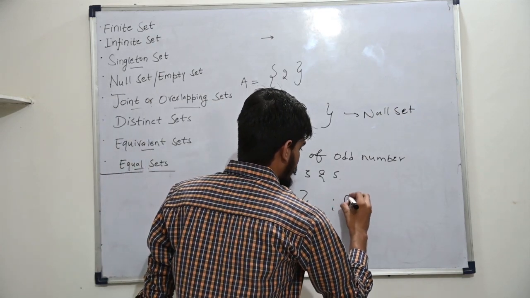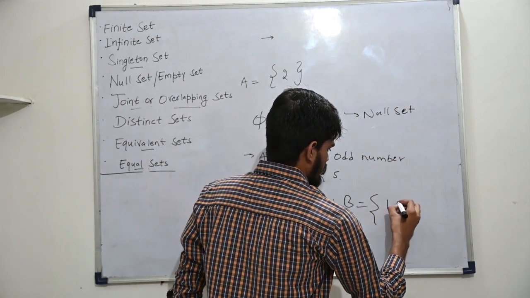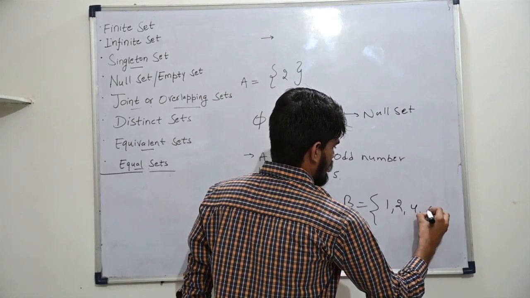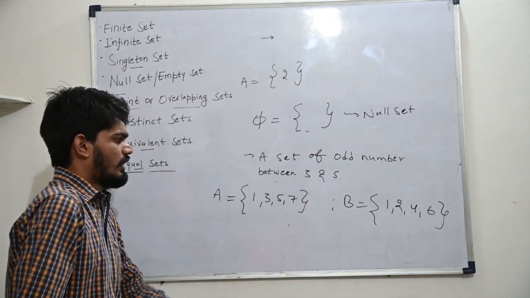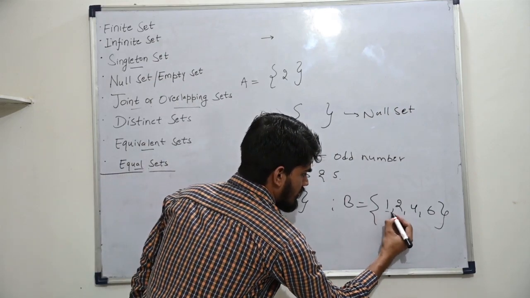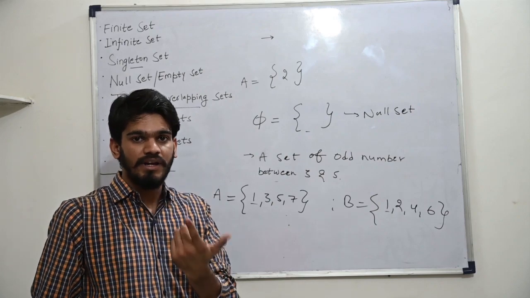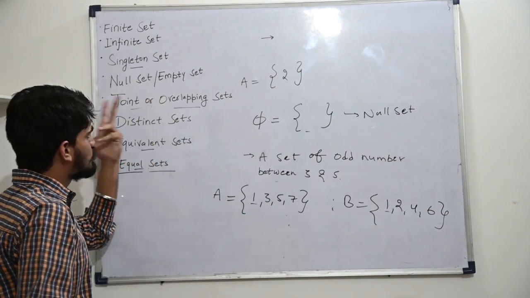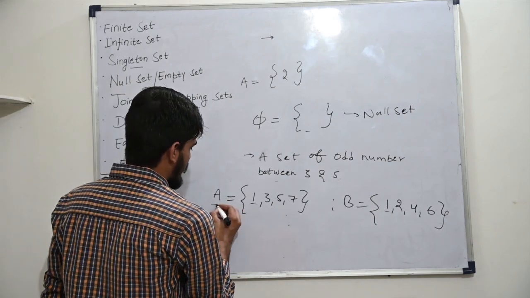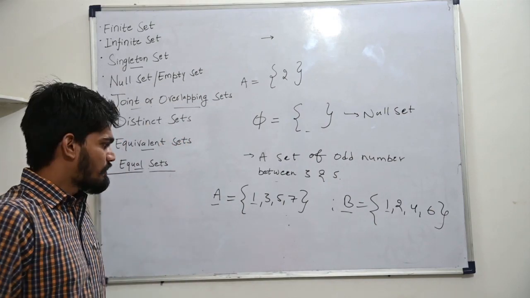Let's say set B has 1, 2, 4, 6. If I compare these two sets, 1 and 1 are common between these two sets, at least one element in common, so they are joint sets.